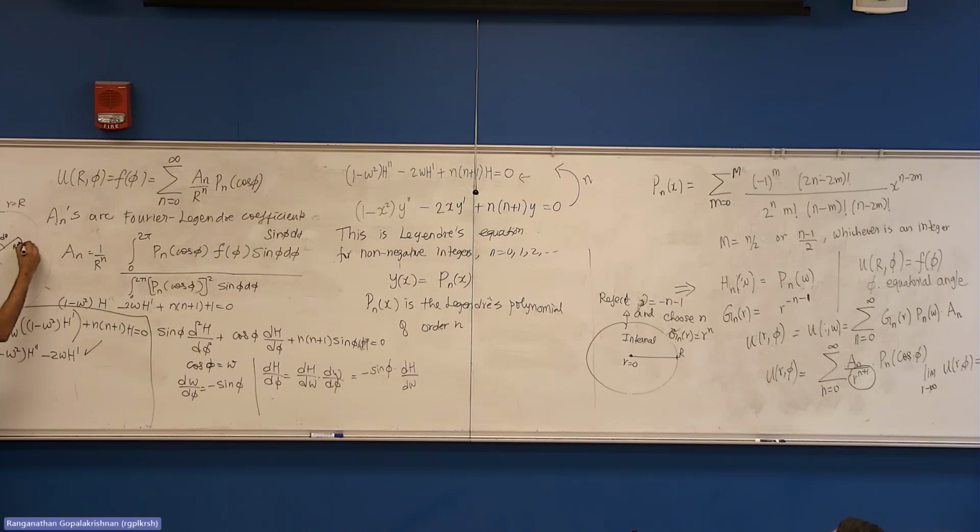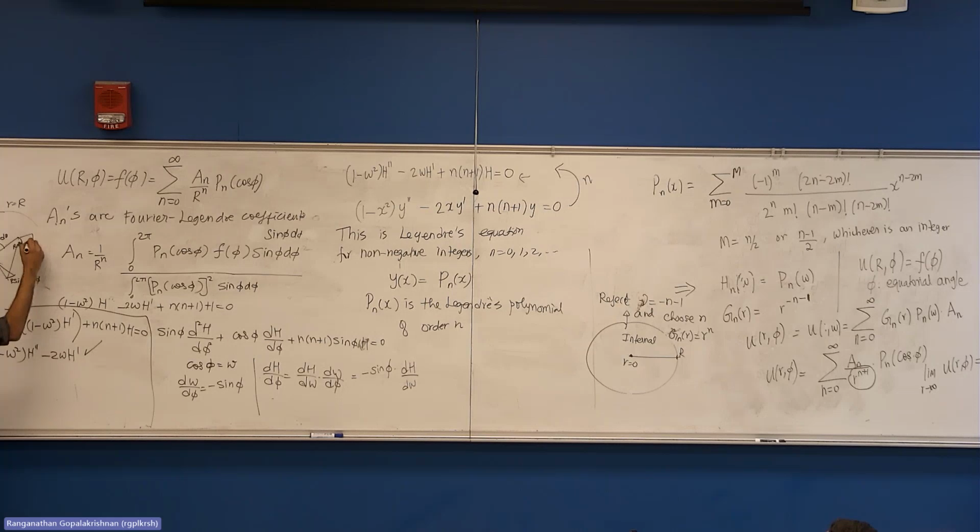Then the other length would be the projection of this, which would be r sine theta d phi.